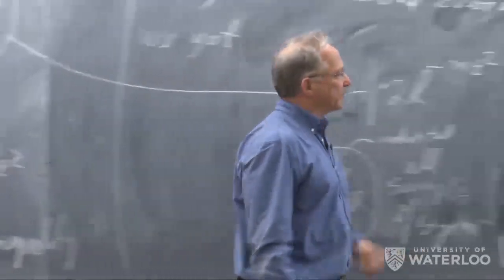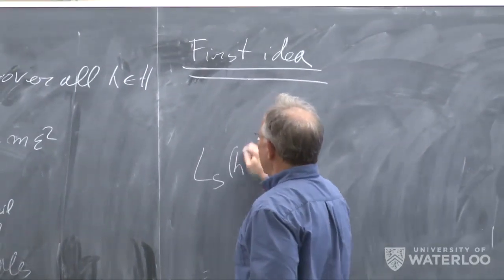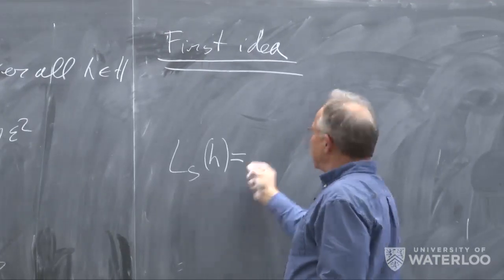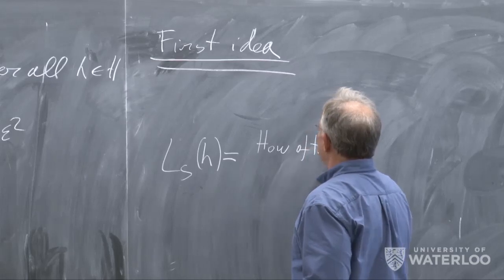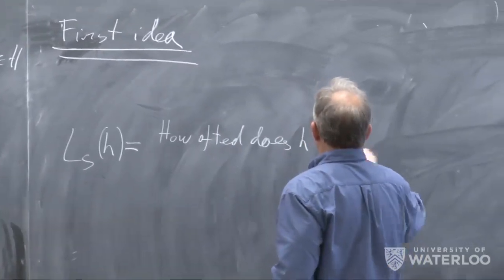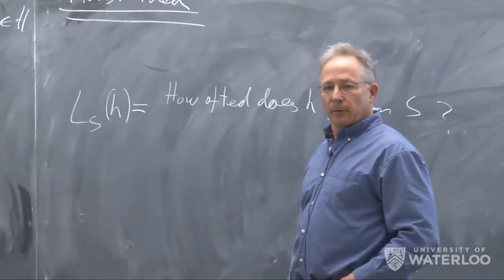I have a sample S. What is LS of h? LS of h is just looking at the sample S. And it's asking how often does h fail on S, right? What is the frequency?